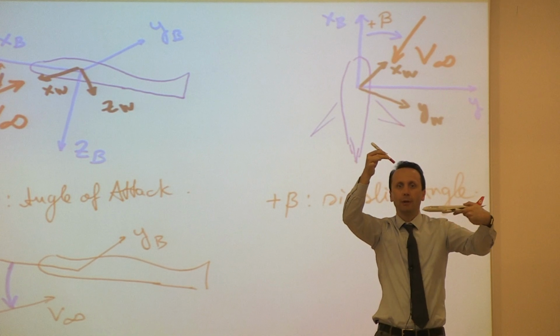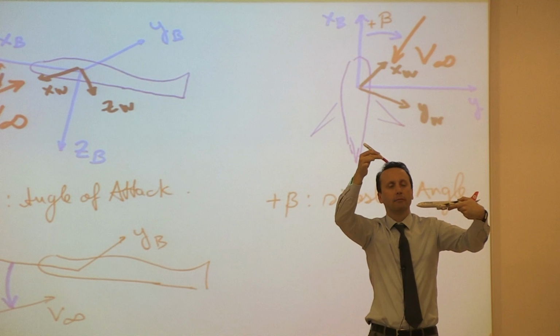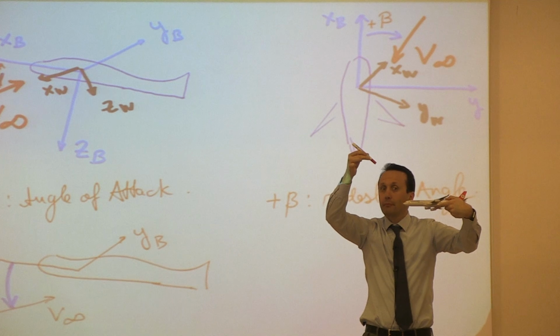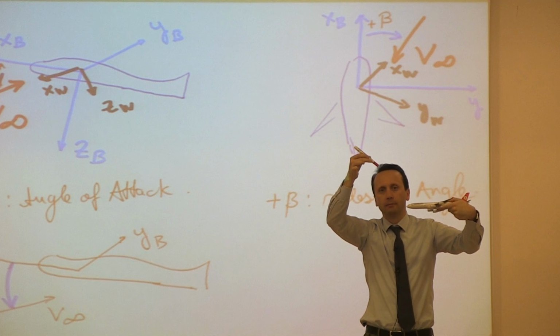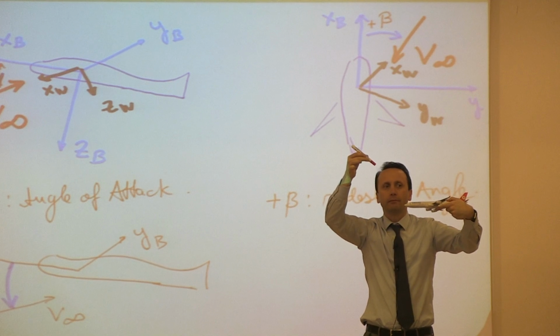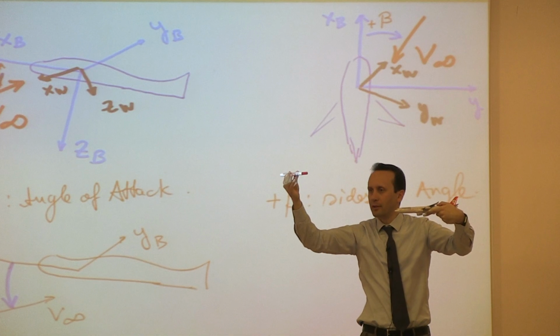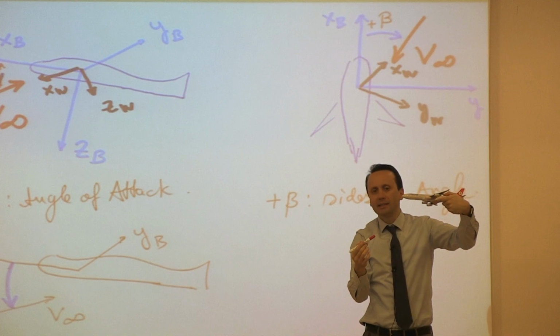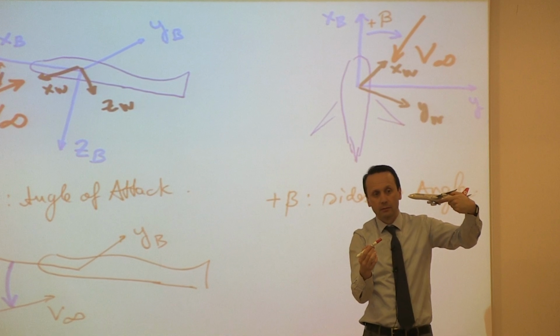Is this a positive or a negative alpha? Negative. Why do we call this a negative alpha? We call this a negative alpha because of our convention that we use in aerodynamics. A positive alpha is giving us positive lift.